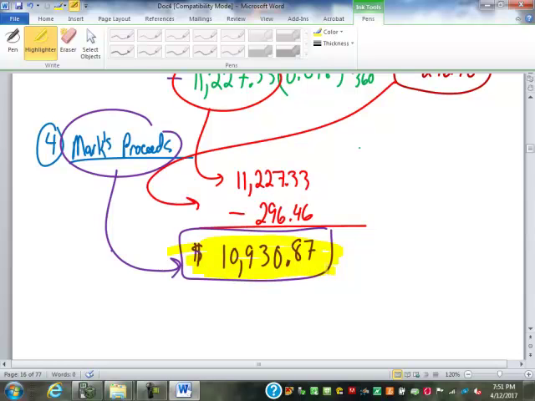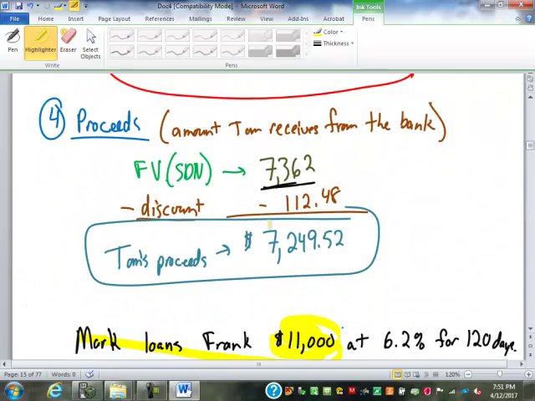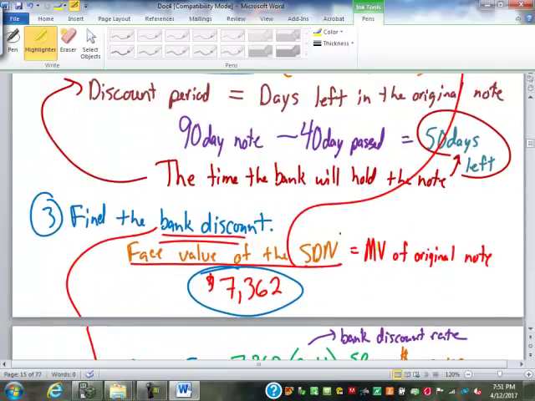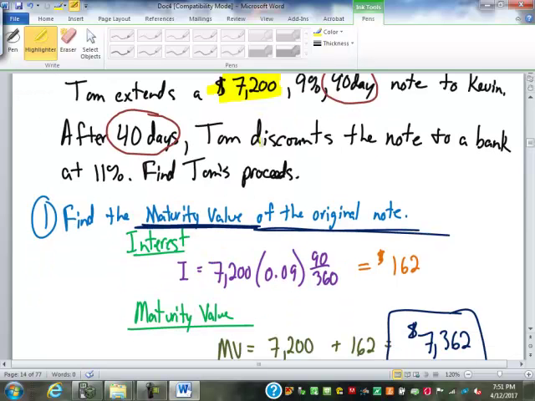He's losing $69.13 here, getting back less than the original amount of the original note. Back here, Tom's proceeds were $7,249 when that original note was $7,200. So Tom still got back more than what the original note was.